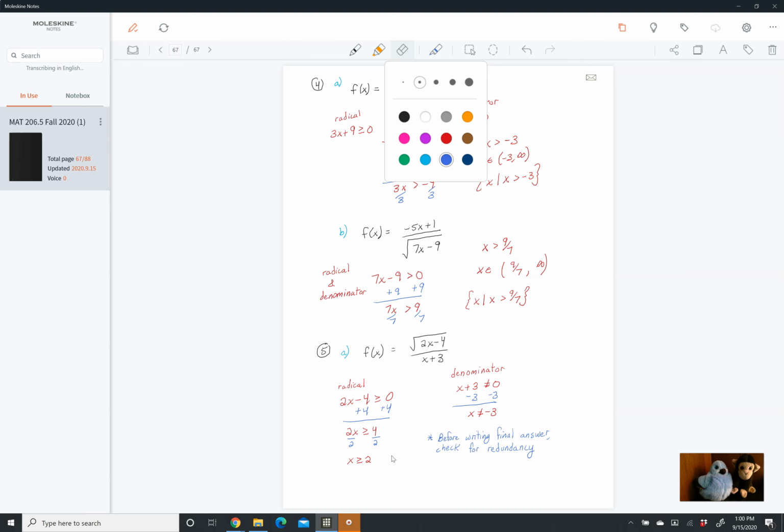Okay, before writing the final answer, you want to make sure that the one from the denominator has not already been excluded. Did we already exclude the x value from the denominator inequality?